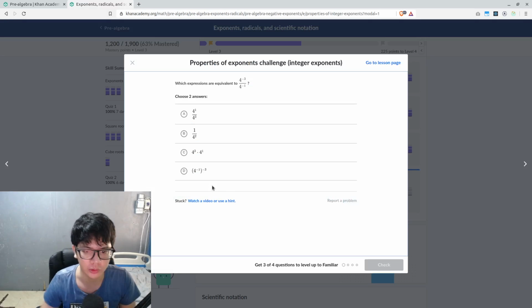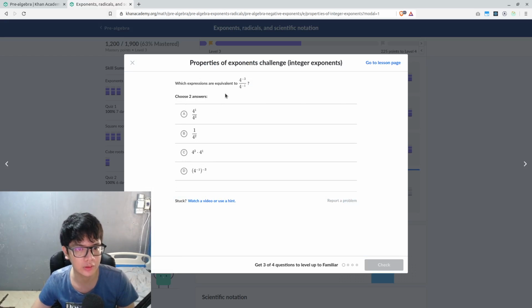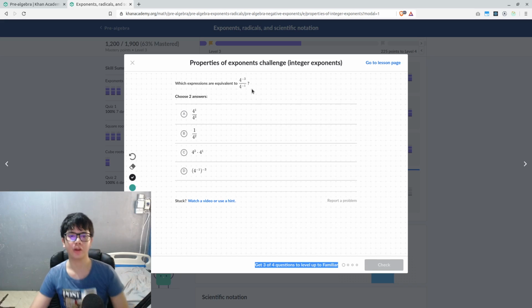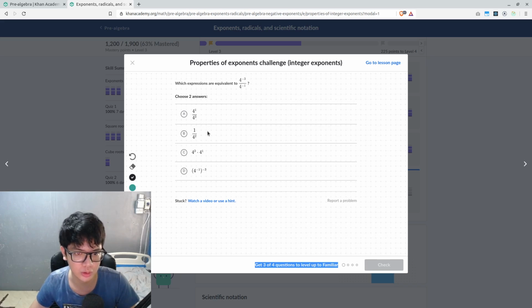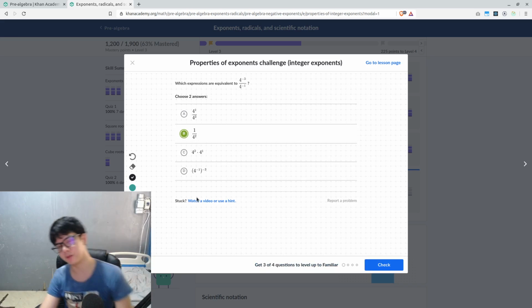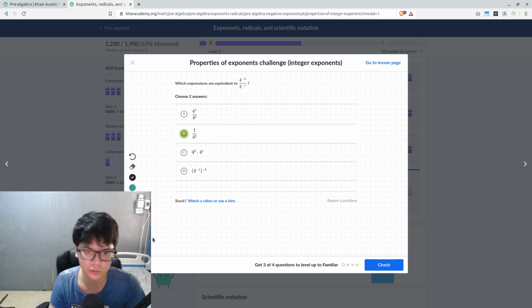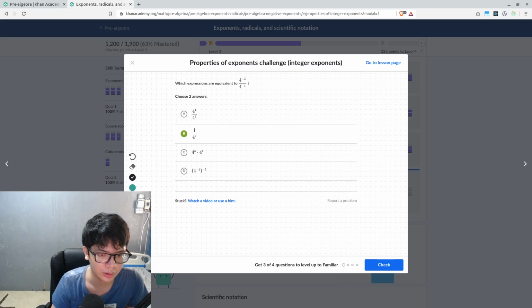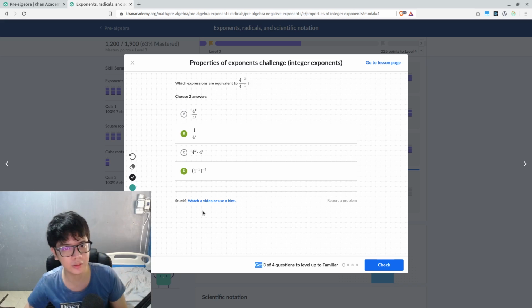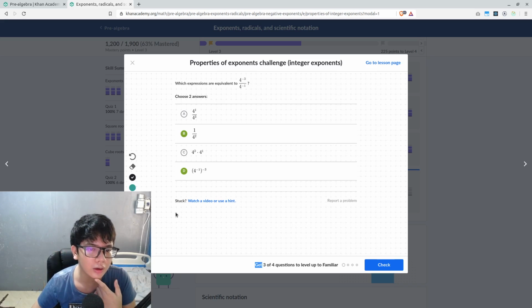Integer exponents. Okay, cool. So this is like subtracting a negative, so we have 4 raised to negative 2. Choose two answers, okay. 4 raised to negative 2 or 1 over 4 raised to 2, and no, it's actually this one. Let's see.